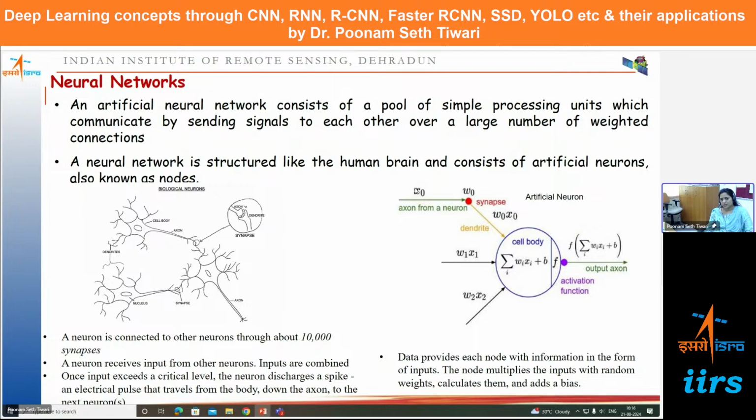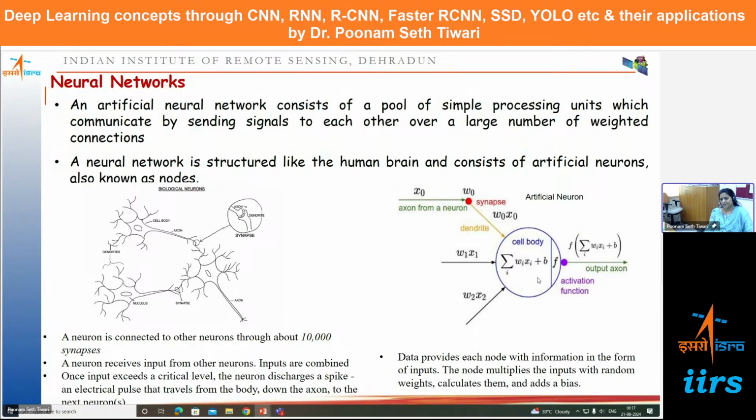Suppose X is the information, and W is the weight. Here we are giving weight also. So X1 multiplied by W1, X2 multiplied by W2, and so on. It will go on summing all the information coming from all the neurons. It will add a certain parameter which we call bias.